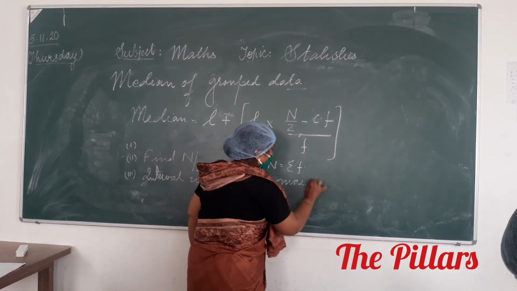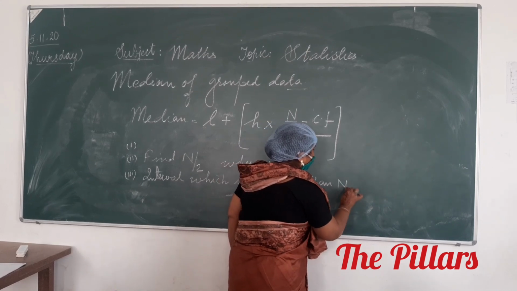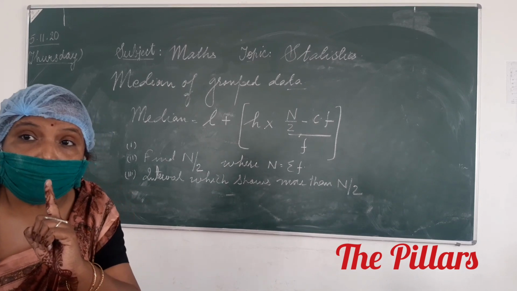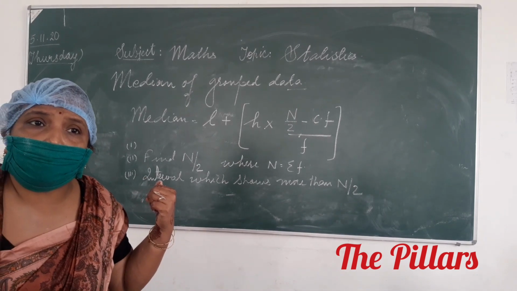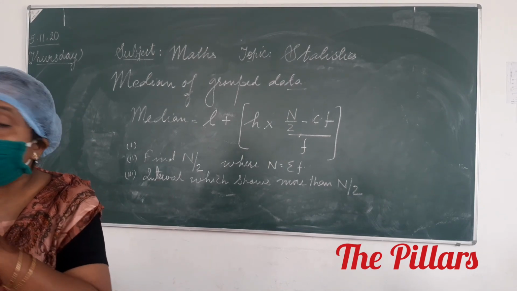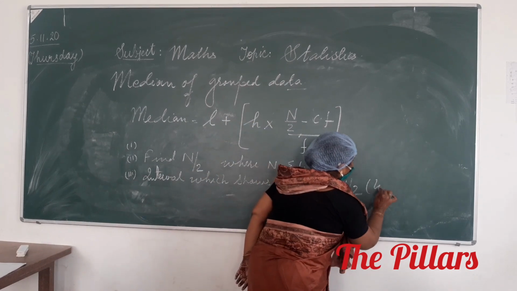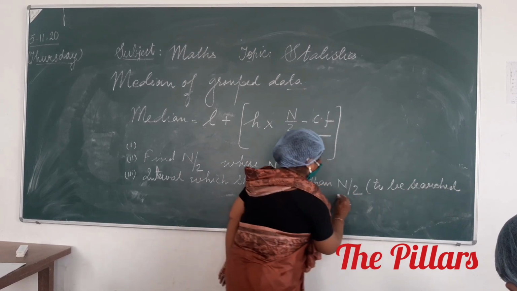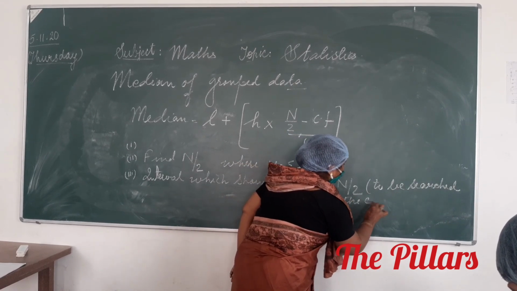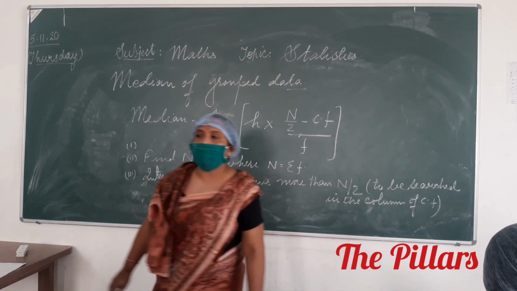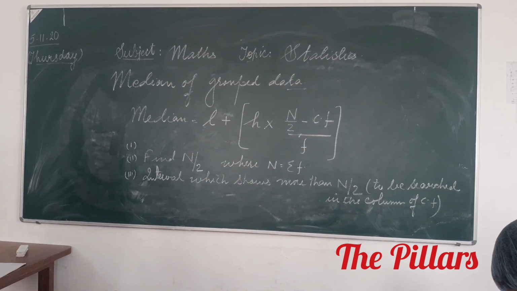More than n by 2. Choose the interval more than n by 2 means under which column you will search? Cumulative frequency. You write in the bracket, to be searched in the column of CF, cumulative frequency.